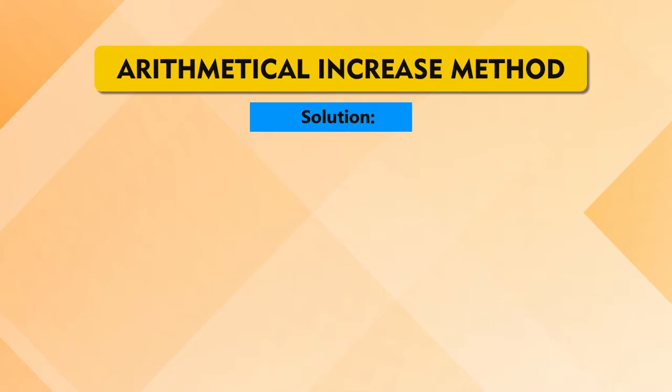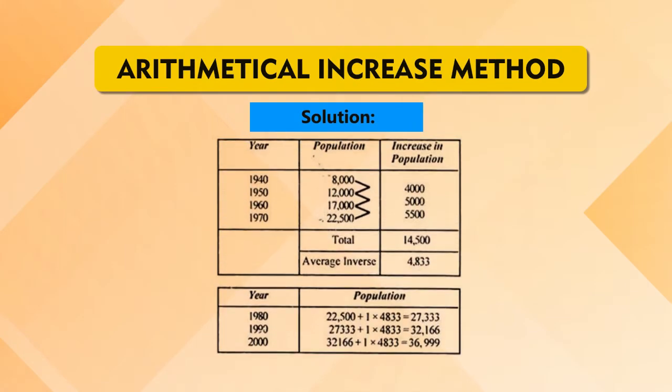So here we find the population increase decade-wise. Suppose from 1940 to 1950 there is a 4,000 increase in population. 1950 to 1960 it is 5,000, and 1960 to 1970 it is 5,500. So the total increase is 14,500. So the average is 4,833.